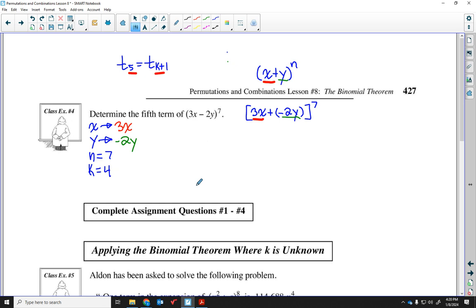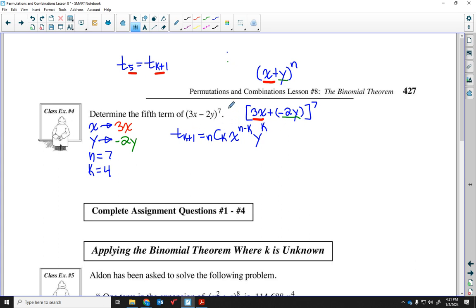Now, to get the fifth term, let's write down the general formula. I will write it here because I don't see it on this page. That general term formula for the binomial theorem is t k plus 1 is equal to n choose k, and then we have x to the power of n minus k, and then y to the power of k.